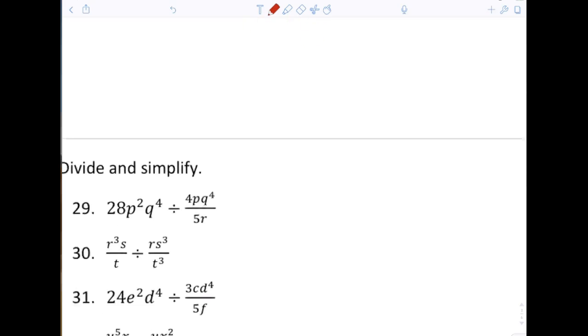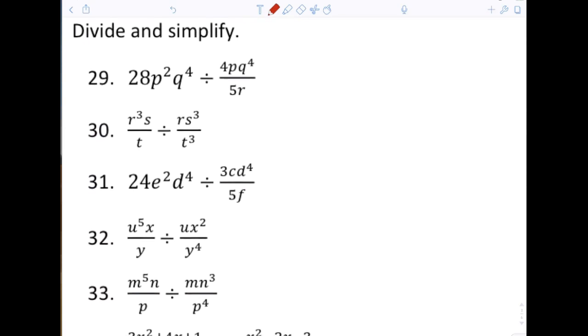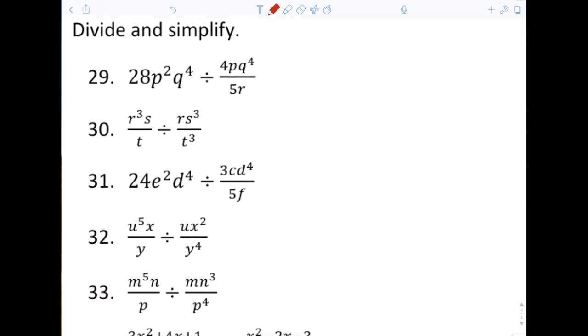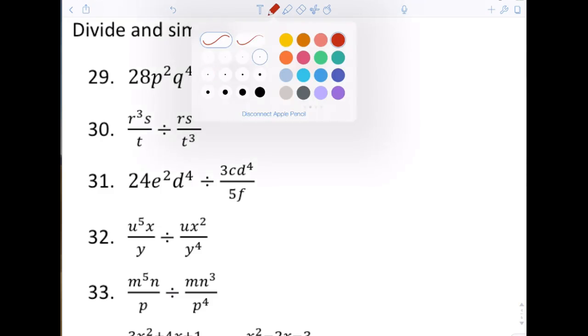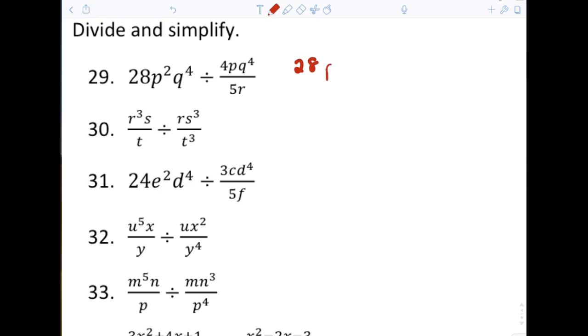So if I'm looking at question 29, that's the same as, I want everybody to write out 28p squared q to the 4th, and I like to just put over 1 because we're dealing with fractions, times 5r over 4pq to the 4th.